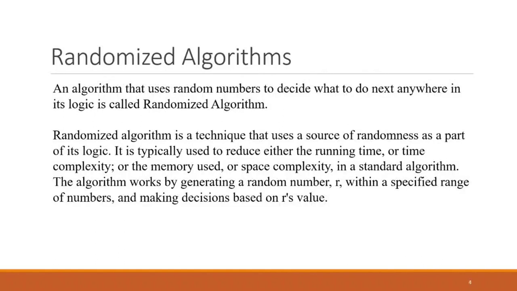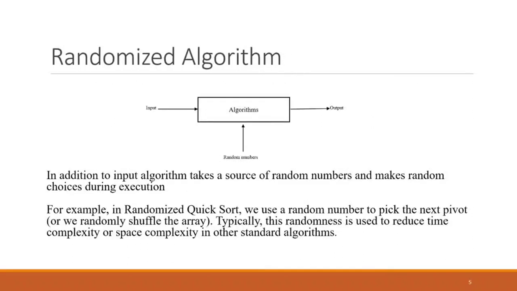A randomized algorithm is a technique that uses a source of randomness as a part of its logic. It works by generating a random number, and by using that random number, it makes the decision. Here I have included a figure that shows that in addition to the input, the algorithm takes a source of random numbers and uses them to make choices during execution.